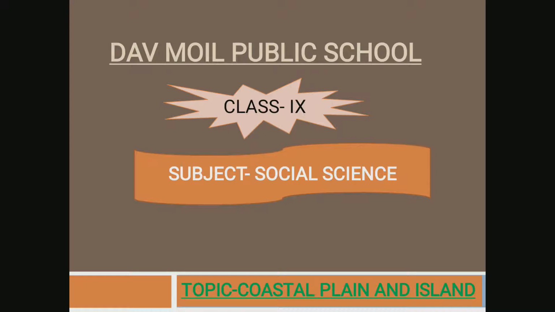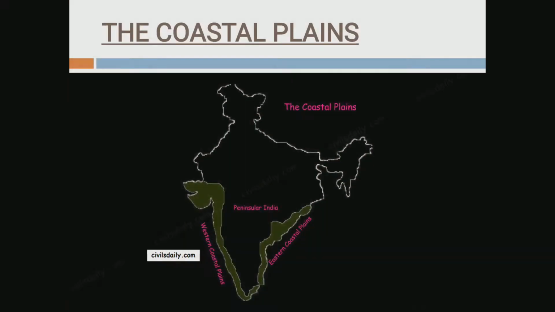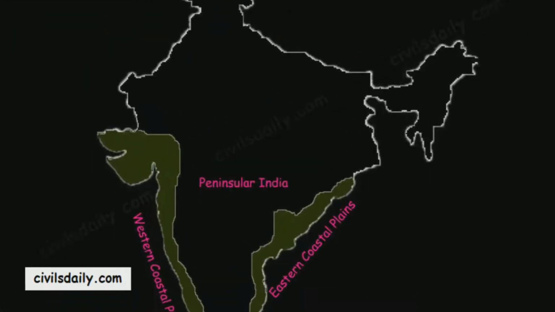Dear student, this is the topic from the physical features of India. So dear student, here we go. We are going to learn now the coastal plain. You are seeing the coastal plain map of India.